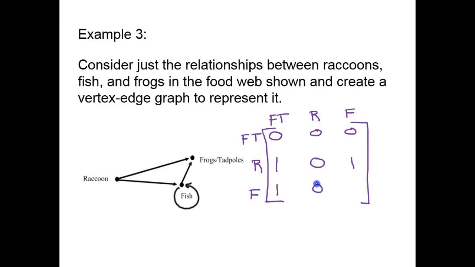So I'll put a 0 here. Now, do fish eat other fish? Yes, some fish eat other kinds of fish. That's why there's this curly arrow pointing from fish back to itself, because fish eat fish. And so we will have a 1 there. So that's how you could make an adjacency matrix representing this digraph.